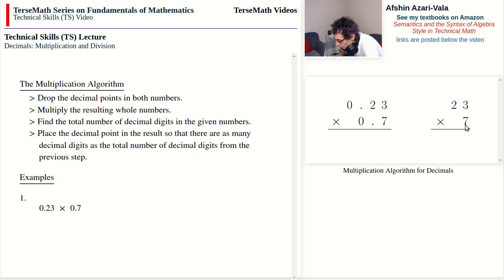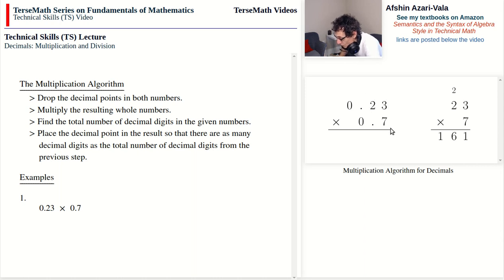So we multiply 23 by 7. 7 times 3, 21. 7 times 2, 14, plus 2, 16. And now, in order for us to find out what the answer to the original problem is, we count the number of decimal digits in the given numbers. We had 2 here, 1 here, for a total of 3.